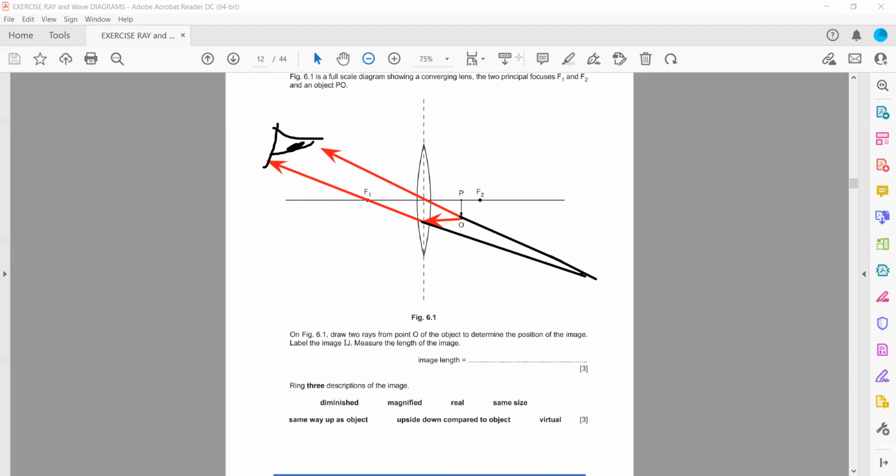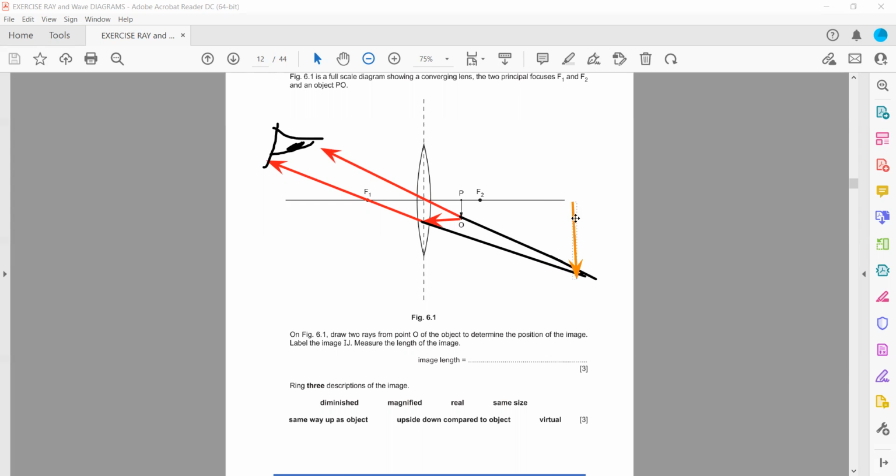The point or position where the two light rays intersect, our imagination only created this image. That's why it is a virtual image. So the point where the two light rays intersect will be the position of the image.